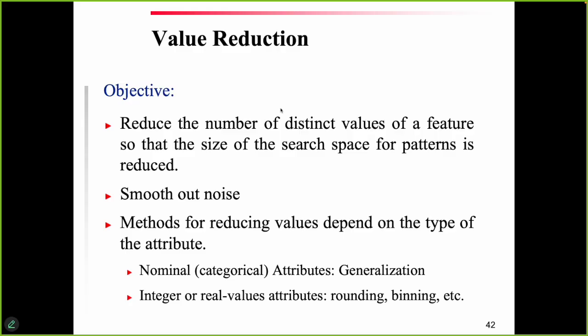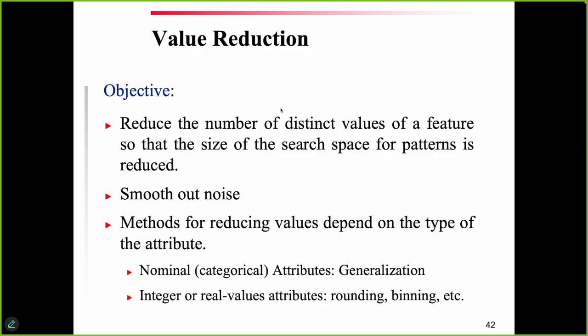We also talked about case reduction, or numerosity reduction, in which we reduce the number of rows using sampling. So instead of training your model on 1 million rows, you use a sample of your data. We also talked about different types of sampling.